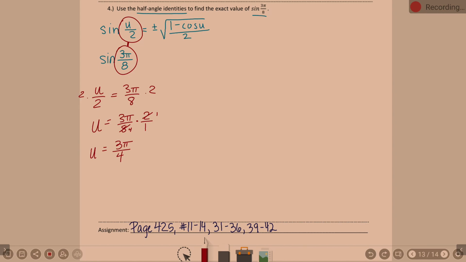So in order to find sine of 3 pi over 8, we're going to do sine of 3 pi over 4 divided by 2. Here's my thought process: we were asked to find sine of 3 pi over 8, but we need to use a half-angle identity, so I set it up as sine of 3 pi over 4 divided by 2.